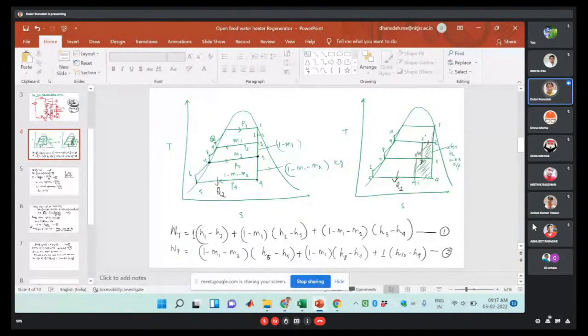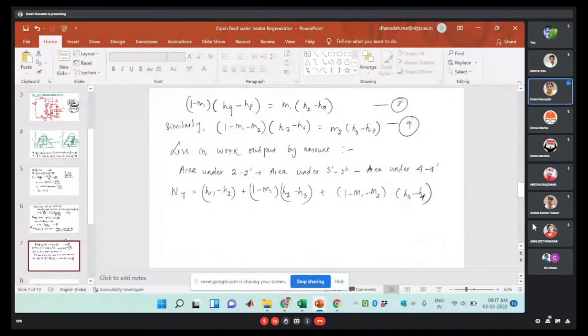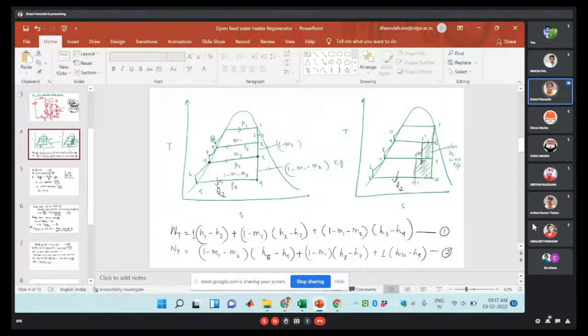इसको हम और एक हिसाब से भी लिख सकते हैं, वो यहाँ पे है, where I can write that 1 minus m1 h2 minus h3 will be how much? It is your actual expansion will be.